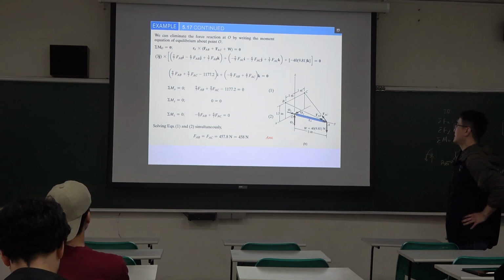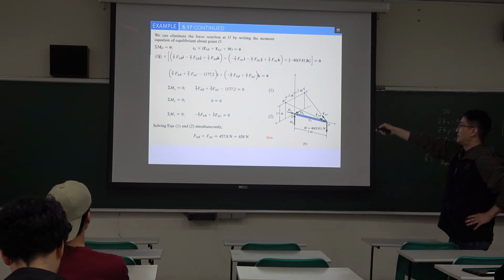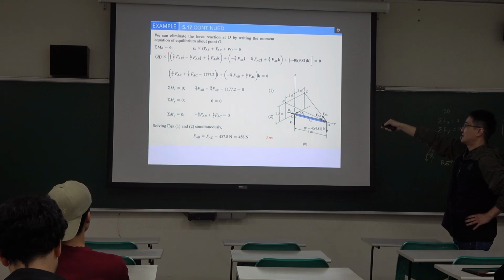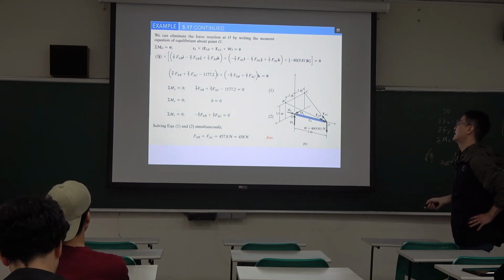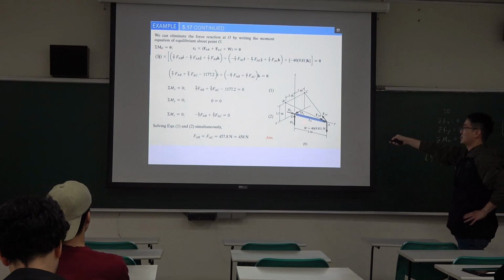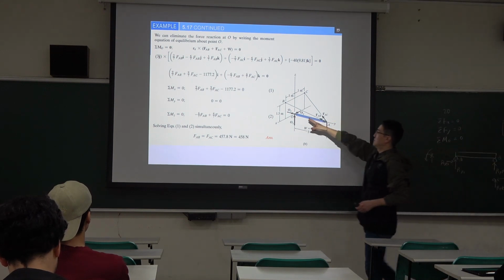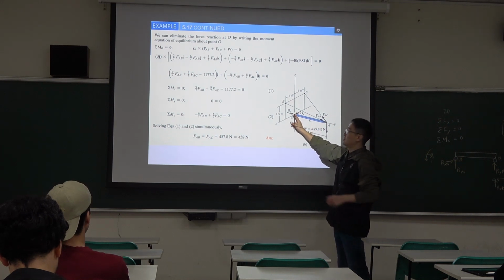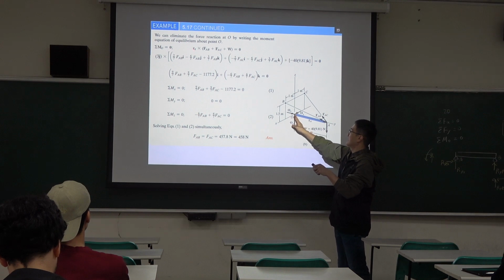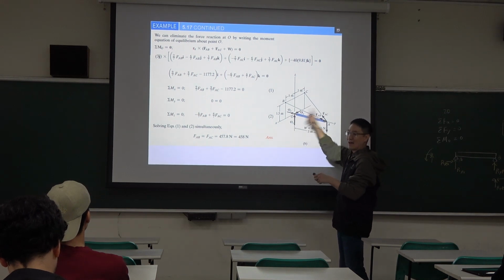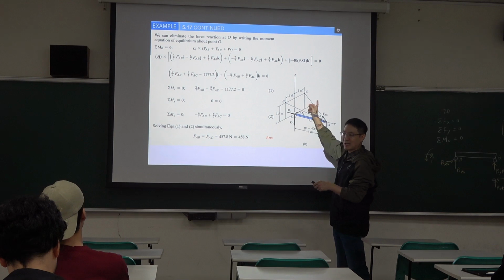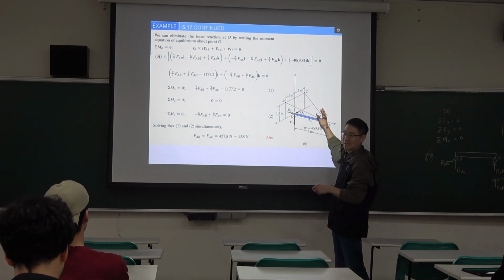Okay, so they use the equilibrium equation for point O. Point O is here. To work out the moment for point O, use cross product. Remember, we can have any position vector cross the force vector.